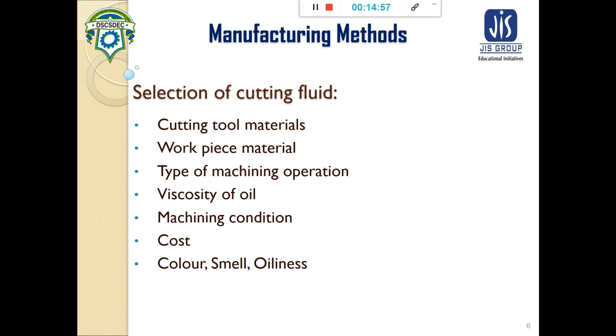Viscosity of the cutting fluid, or of that oil, is an important factor. Machining condition, cost, color, smell and oiliness are all important factors that should be considered while selecting the cutting fluid.